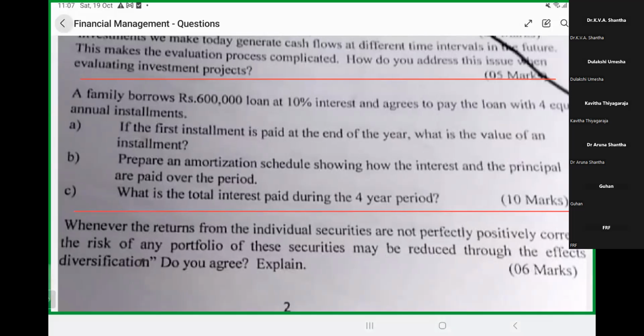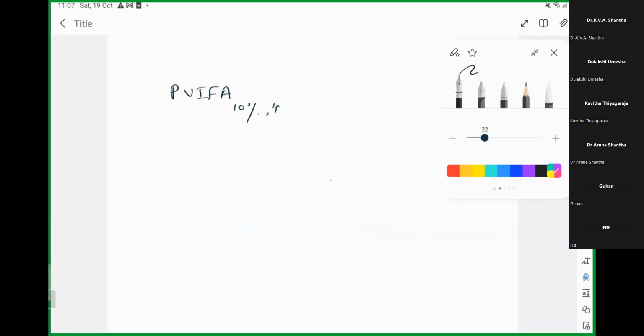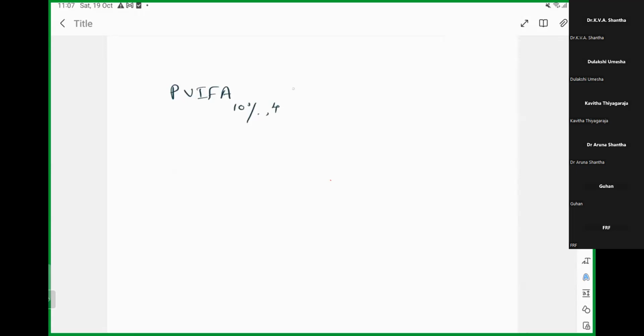Present value interest factor for annuity at 10% for 4 years. You know the formula, or you can find it from the table.